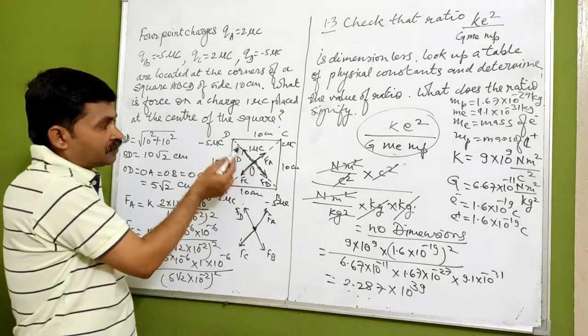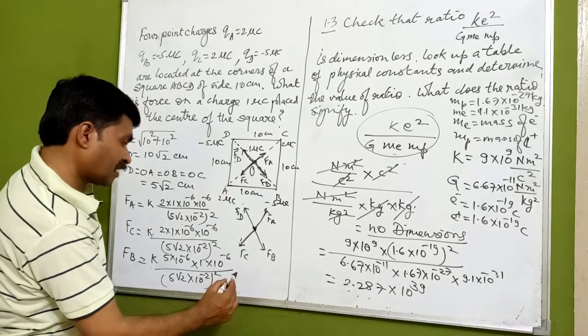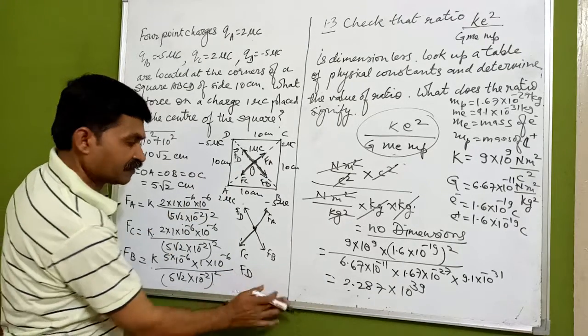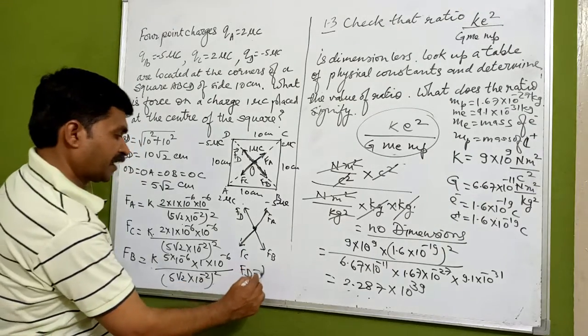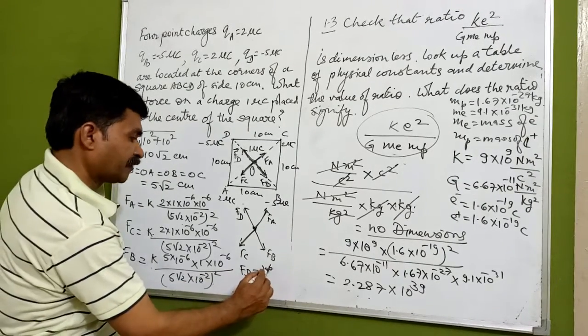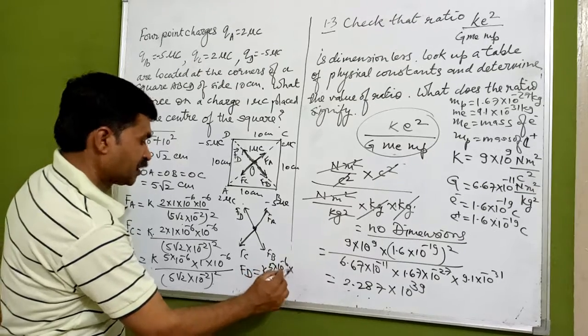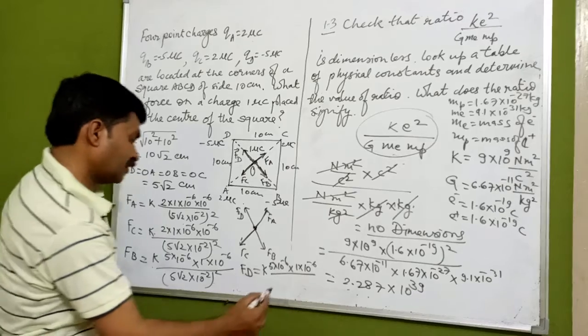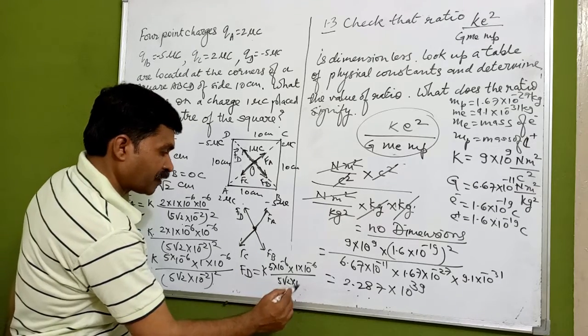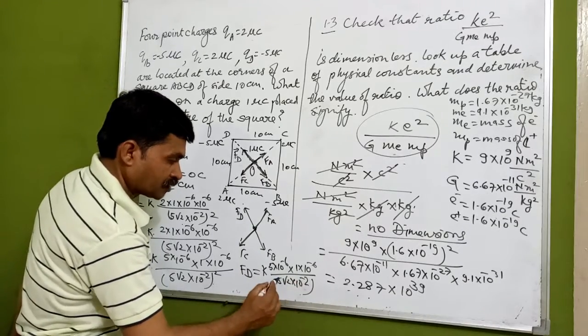So again FD, which I am writing here, is K times 5 into 10 raised to the power minus 6 into 1 into 10 raised to the power minus 6 divided by 5 root 2 into 10 raised to the power minus 2, squared.